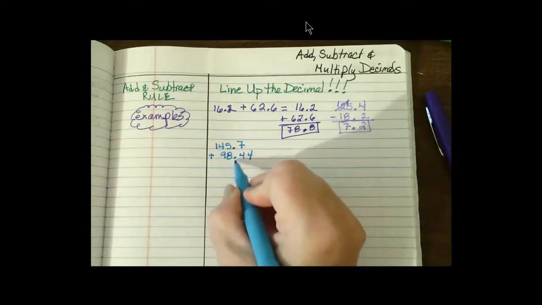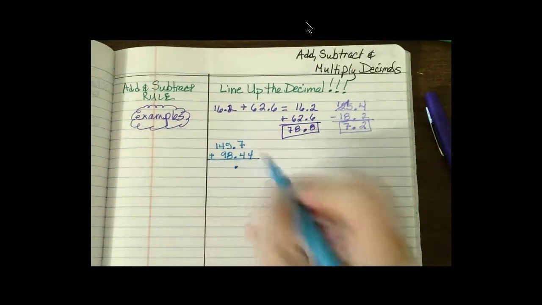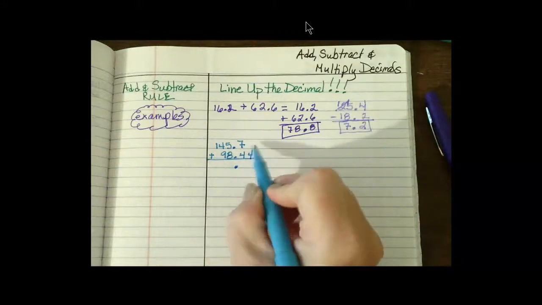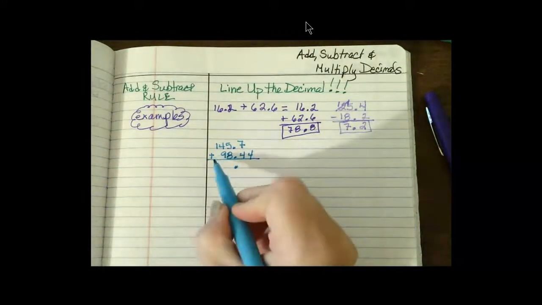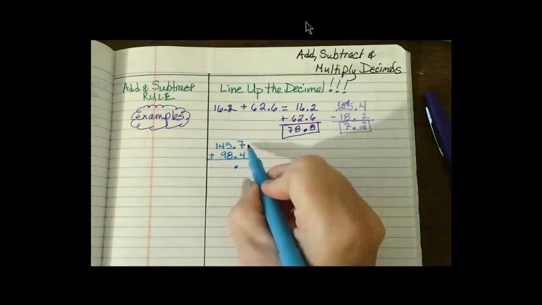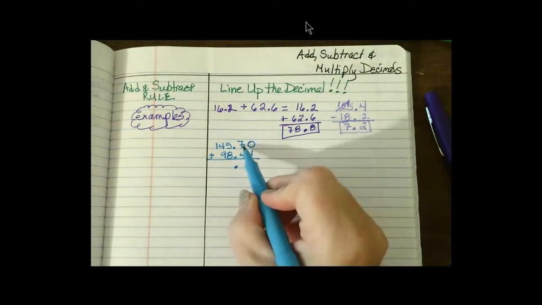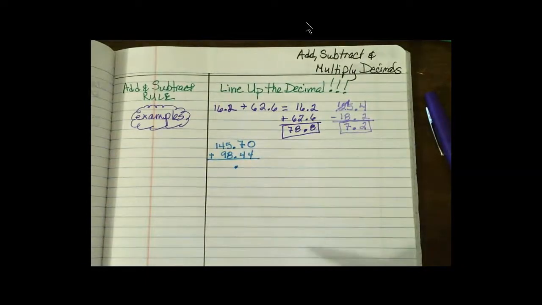I did get those decimals lined up, so my decimal's going to stay right there. But I've got some empty spaces here. Now, this empty space isn't as important. There's an invisible 0 there. And right now, there's an invisible 0 here. Because remember, 7/10 is the same thing as 70/100, right? So now I can do my addition.